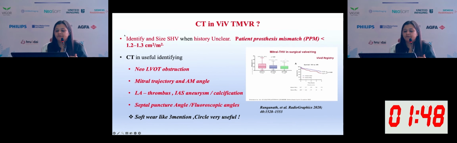In a similar way to aortic valve-in-valve, we identify the valve and calculate the size of the ring, which gives you an idea of what prosthesis is going to go into this ring. The only difference is that here the patient-prosthesis mismatch is higher, because mitral rings are usually larger.